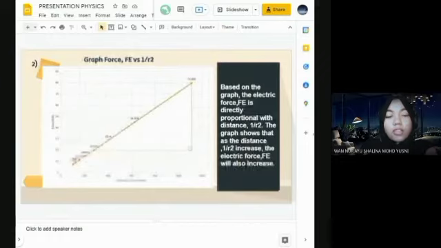In this slide, the graph of force Fe versus 1 per R squared was plotted, and based on the graph, the electric force Fe is directly proportional to 1 per R squared. The graph shows that as 1 per R squared increases, the electric force Fe also increases.